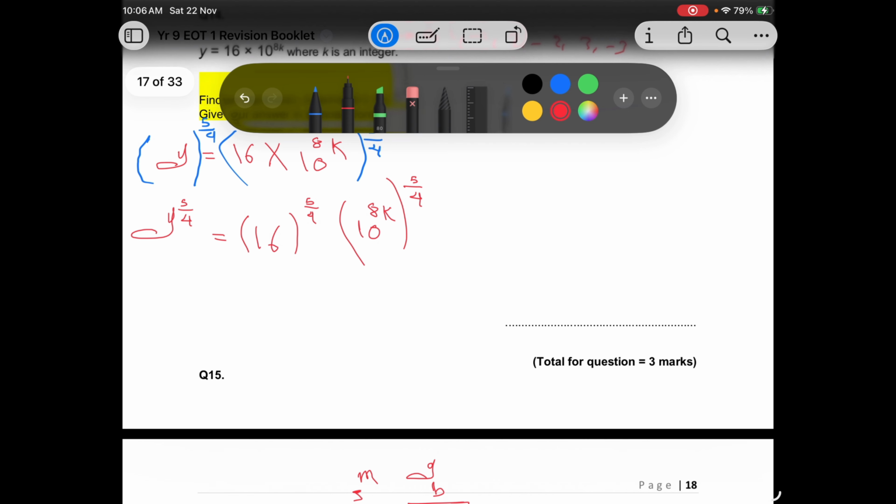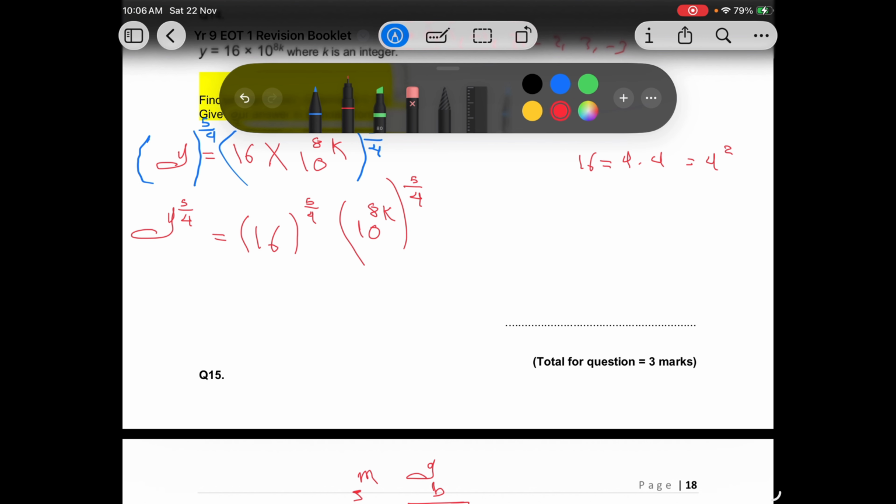And you know, guys, when we have a power and then a power, I can multiply them. But before I multiply the powers, I would like to write 16 in power form. What is 16? 16 is many things. It's 4 times 4, which is 4 squared.